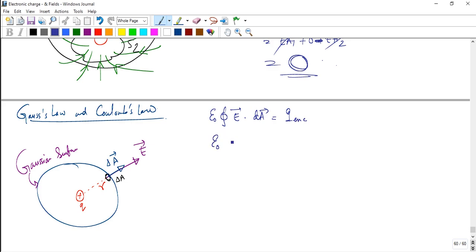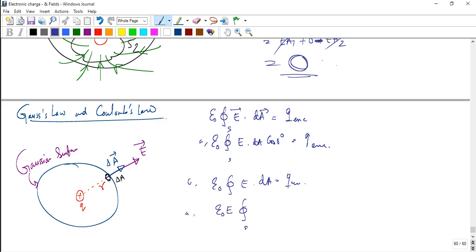So epsilon naught closed surface integral of E dA cos 0 degree equals Q enclosed. Epsilon naught E times the integration of dA, and the integration of dA is A, equals Q enclosed.